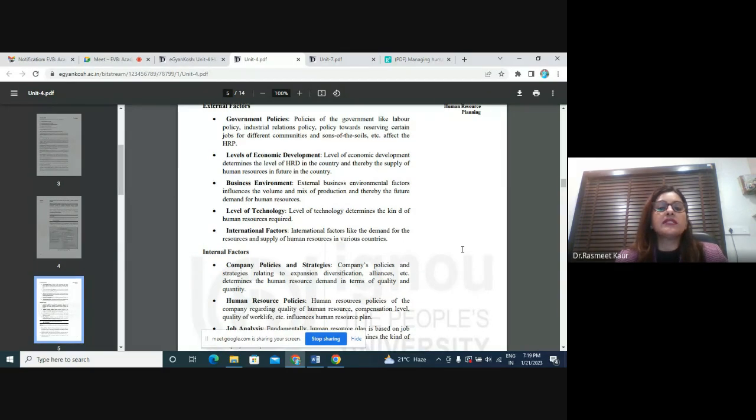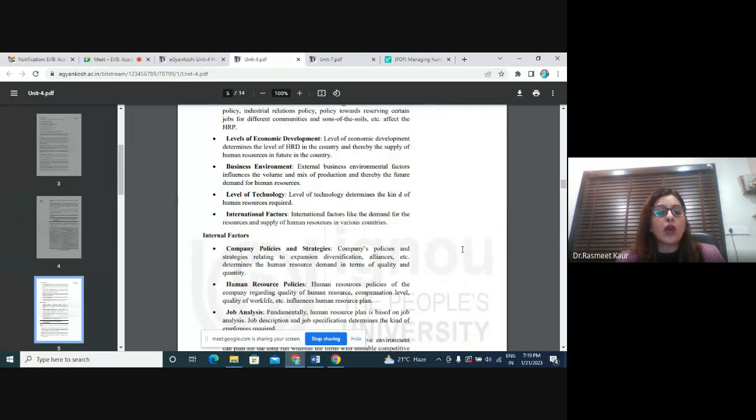Again, environment here is talking about the external business environment. Changes of technology, because you cannot ignore technological changes, you have to adapt to them, and that is again beyond the control of the organization. Whatever technological changes are happening, you need to train your HR accordingly.